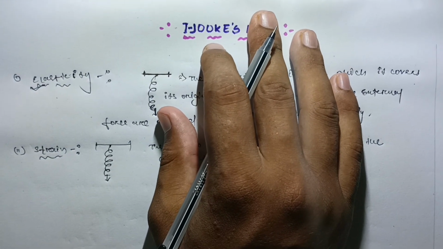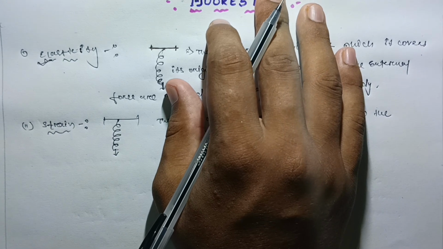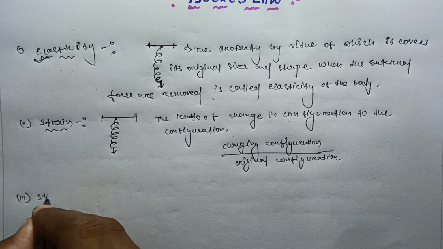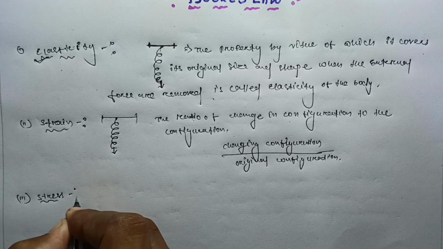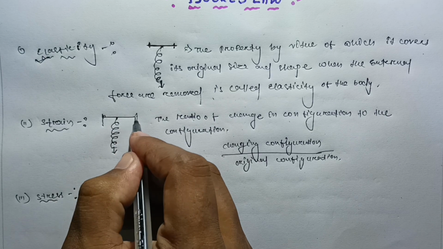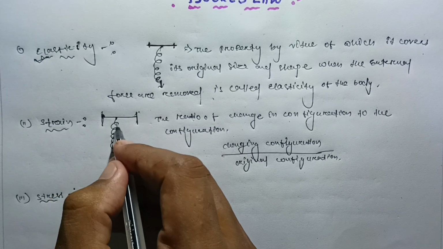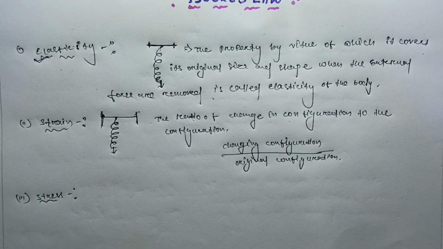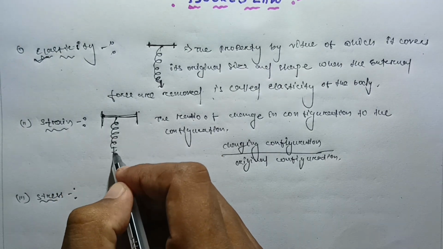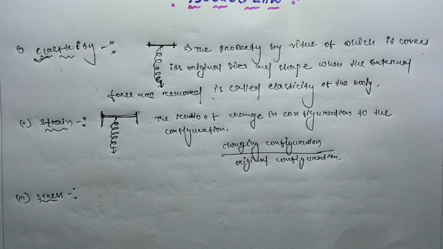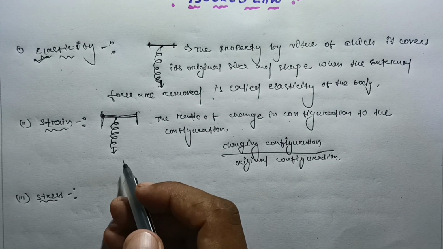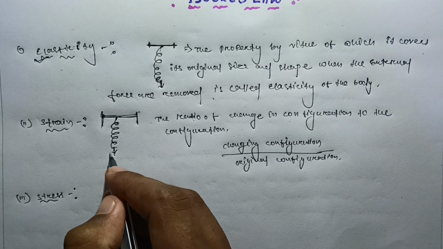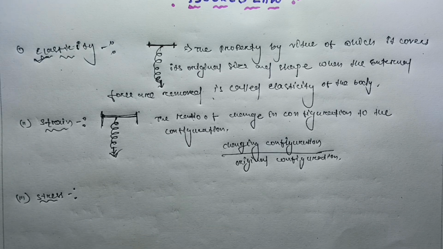After that, now we know about the third term. The third term was stress. Imagine the same example or the same diagram. If there is a spring with one end fixed and the other end free, and we pull it by acting an external force, right? Let it go.